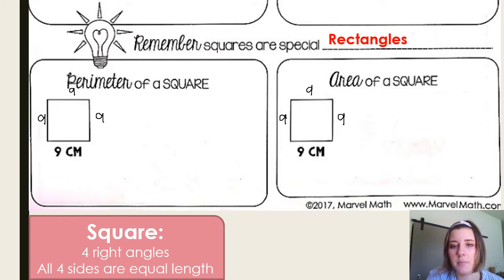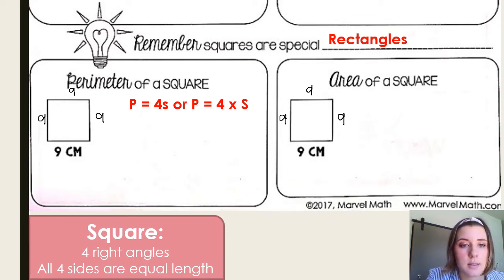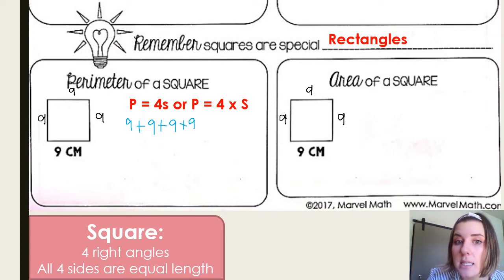To find the perimeter of a square, I can add up all the sides. 9 plus 9 plus 9 plus 9. Now, some of you are probably thinking, Ms. Hershey, that's repeated addition, and that is the same as multiplication.